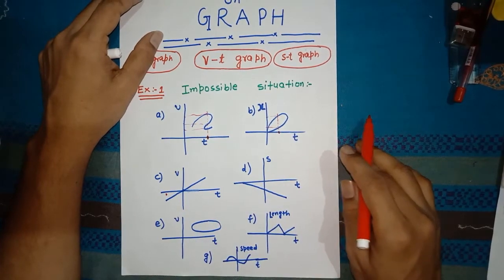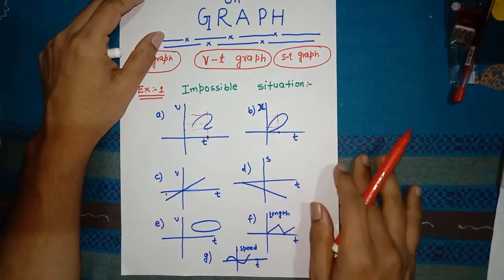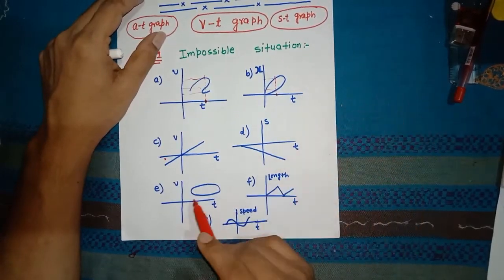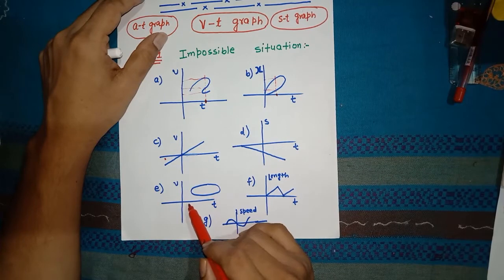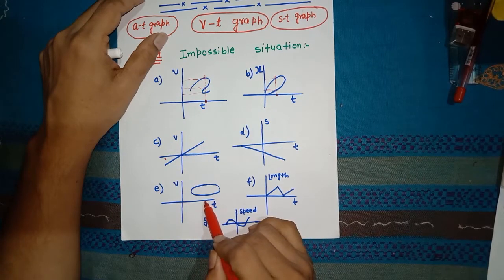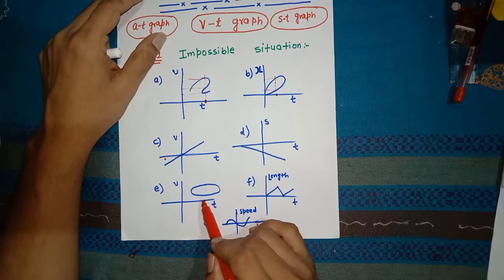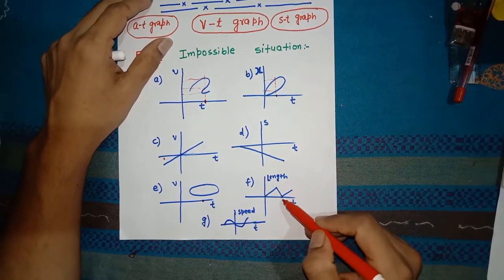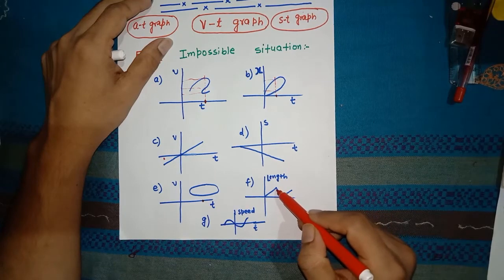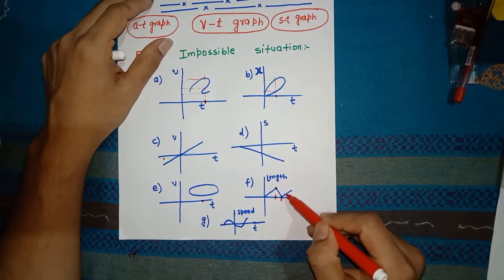In the same way, here also there is negative time. And in this graph, as we already thought, for an instant there should not be two speeds or two velocities or two accelerations or two positions. In this graph, length decreases from this point to this, and then increases up to this.